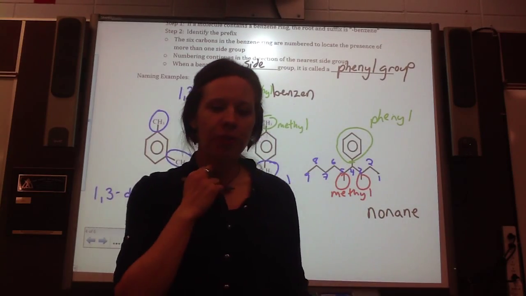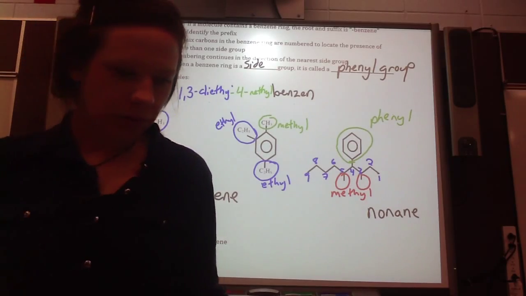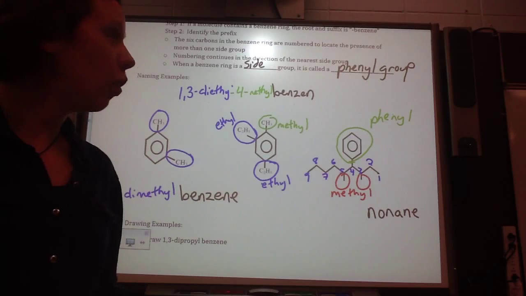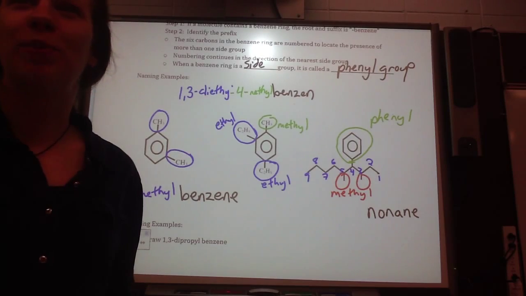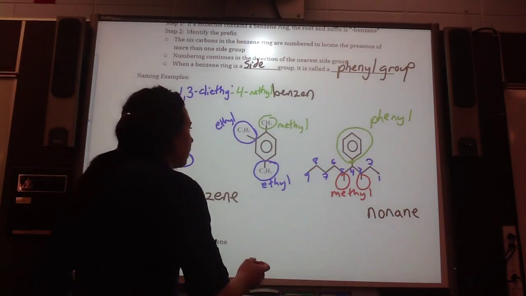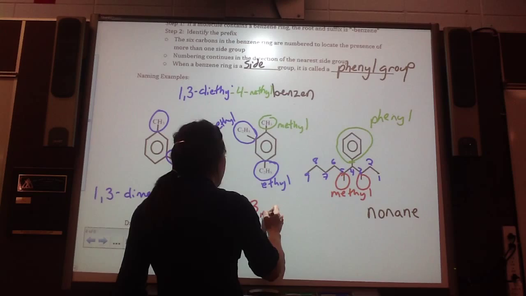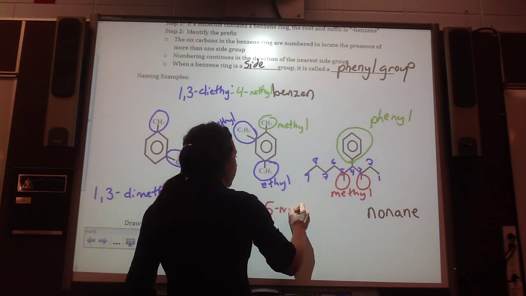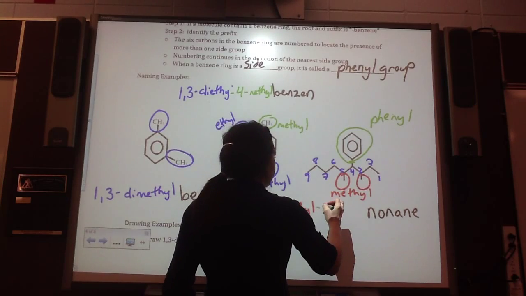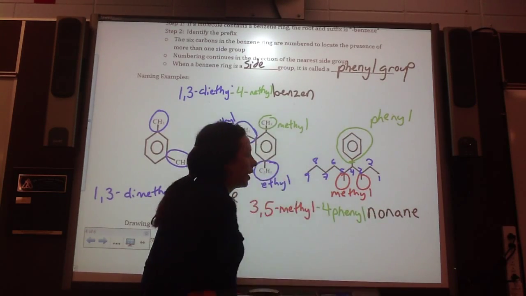Which one comes first alphabetically? A, B, C, D, E, F, G, H, I, J, K, L, M. M comes first. Great job, everyone. So what did I say comes first? M, right? So 3,5-methyl-4-phenylnonane.